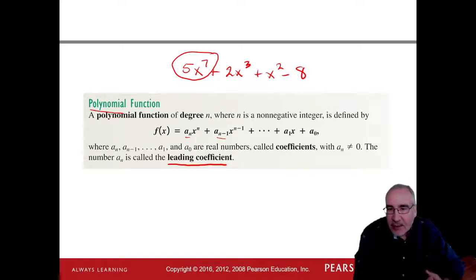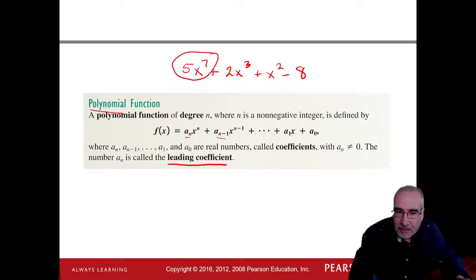So this is an x to the 7th. It will behave like other x to the 7th functions. And so today we're going to review this. Mostly what we'll look at is thinking of this largest term.